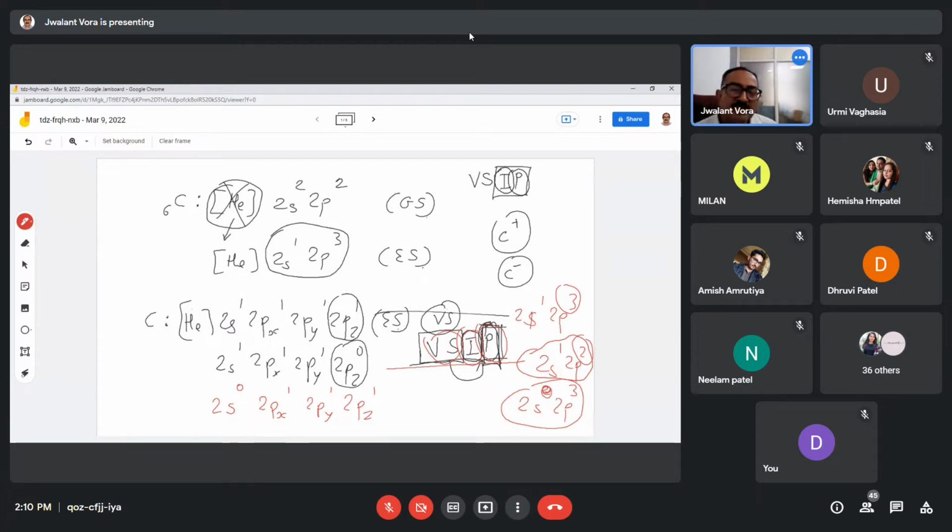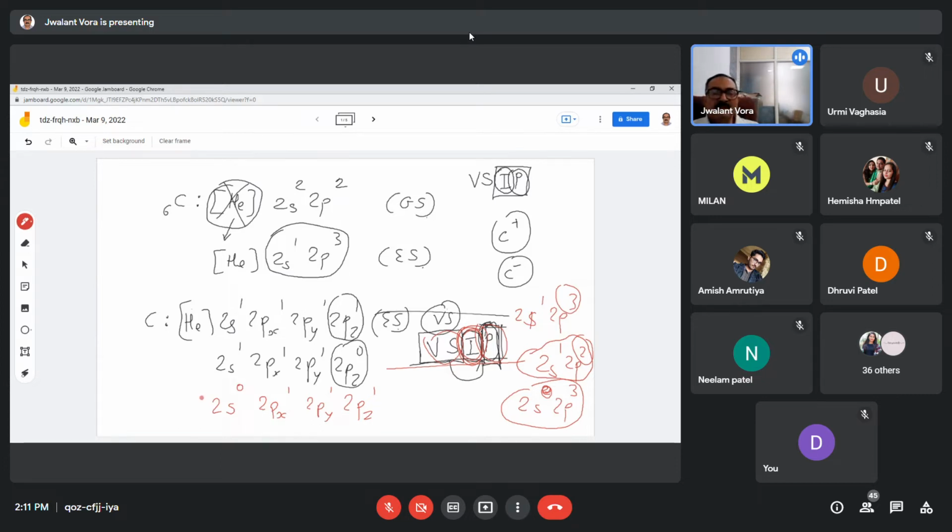Now, how much amount of the potential do we have to apply for the removal of one electron from the valence state to convert it into ionic element is said to be VSIP.